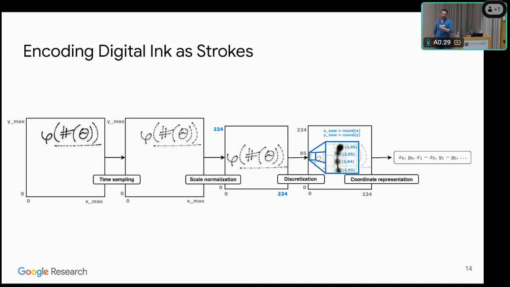So there's some sort of time sampling. We do that because we don't want too many tokens as input. There's always a balance between how detailed your input is and how many tokens you can afford. Once we've done that, we do scale normalization, then discretization, and then represent the points in terms of their coordinates and the difference between the previous point and the current point.